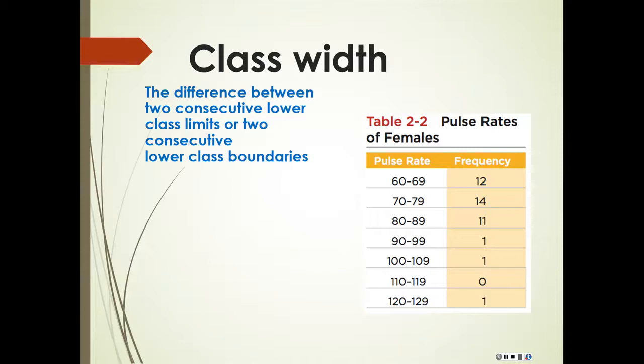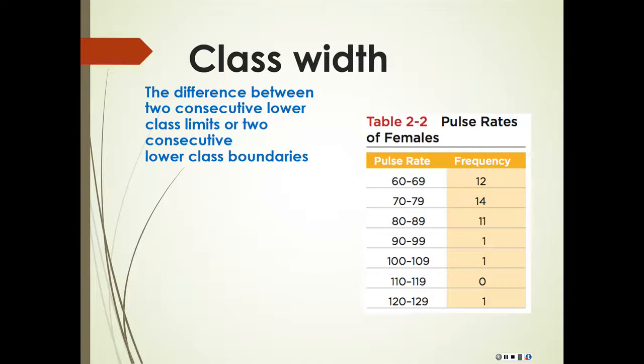Class width, and this is right above where we talk about the limits. Class width is the difference between two consecutive lower class limits or two consecutive upper class limits. Or this one refers to it as lower class boundaries. We're going to talk about what boundaries are.